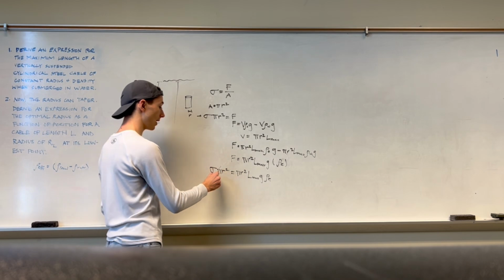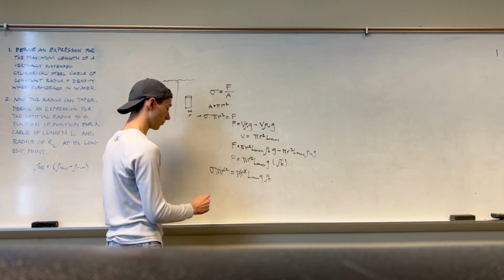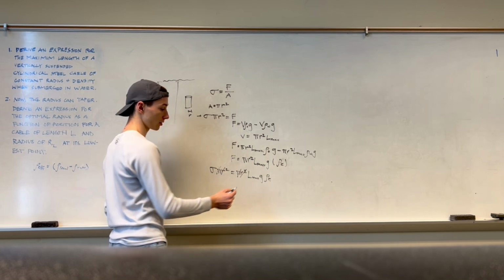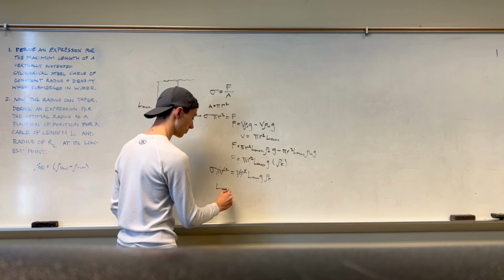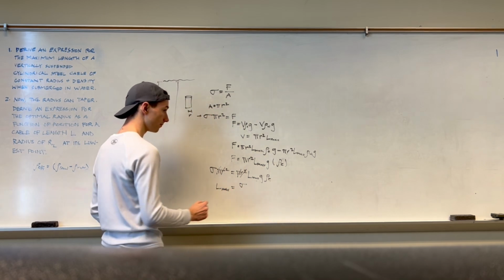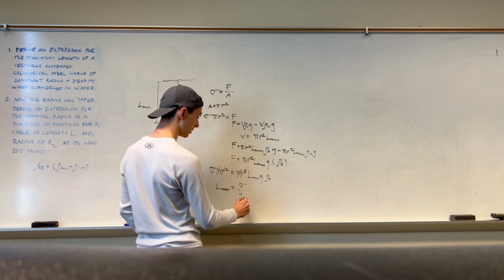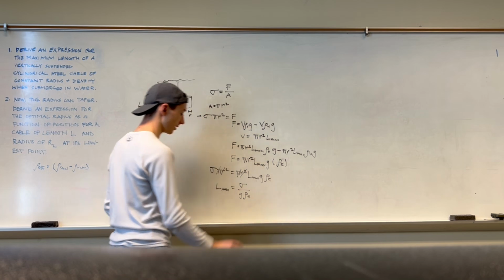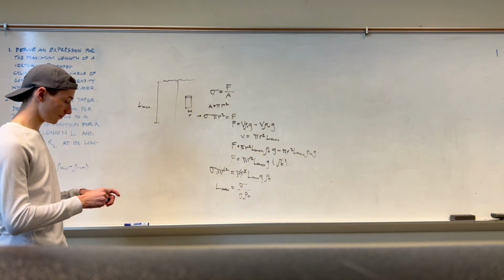Very clearly, our pi r squared cancels out, and we want this as an expression for L max. L max equals the strength of the material divided by g times the effective density. That's it. That's our expression for part one.